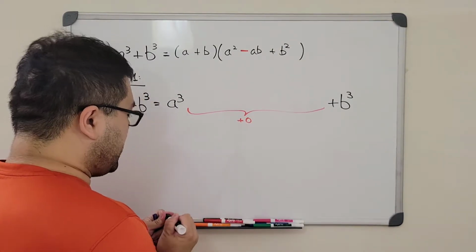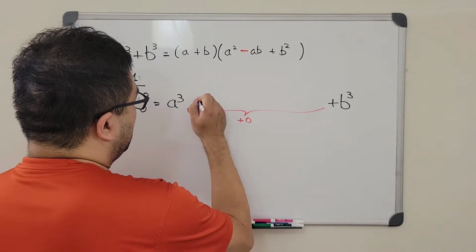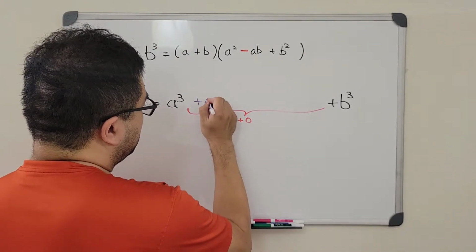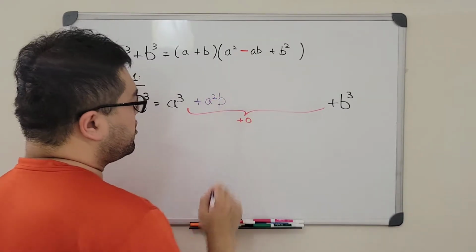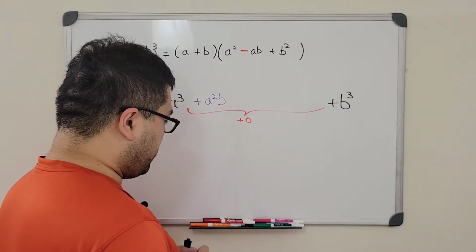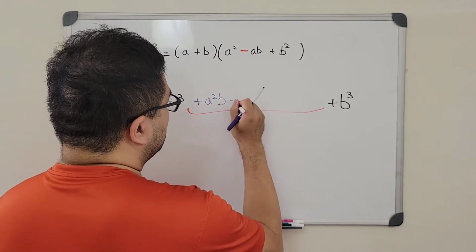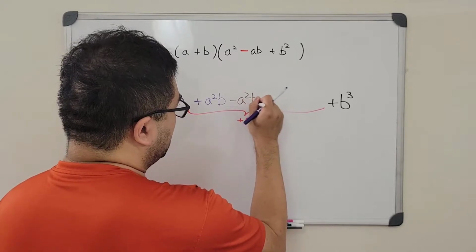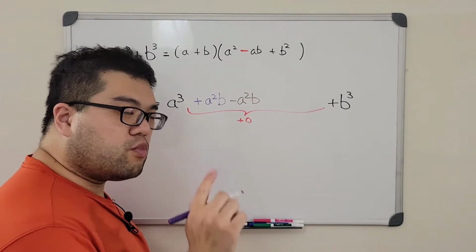First, I'm going to add the following term. I'm going to put a plus a to the second power times b. And of course, since we want the net change to be zero, we need to subtract a squared b as well. And now we're going to put one more term.